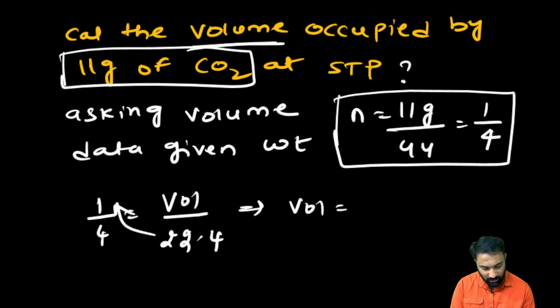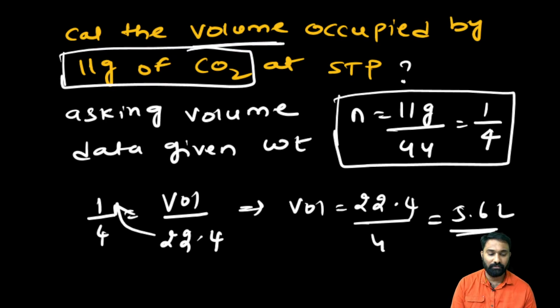Now volume is equal to 22.4 by 4. If you do that, you will get 5.6 liter. Right? This is a trick. This is the question done on the basis of the formula.